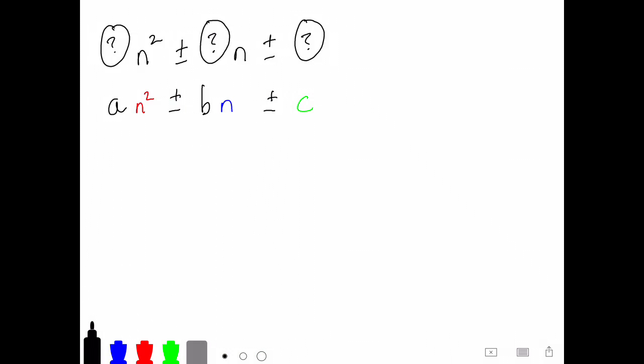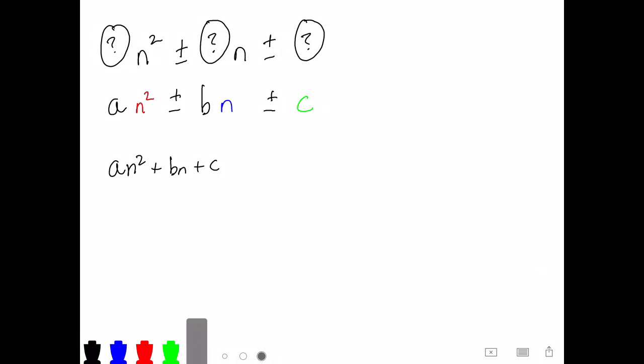Now, using this, we can write out a quadratic sequence and what pattern it follows. So, I'll just put it as plus for now, and this will be our quadratic sequence. Then we know what the first term is, what the second term is, third term, and so on.